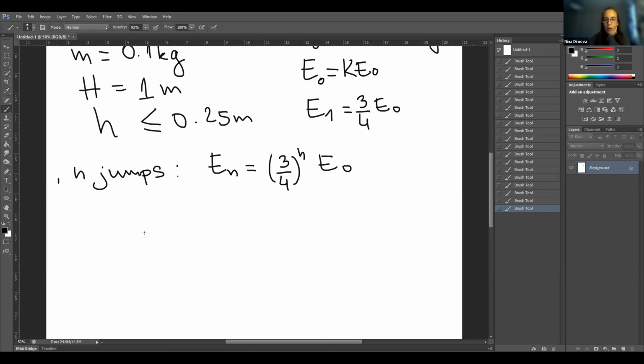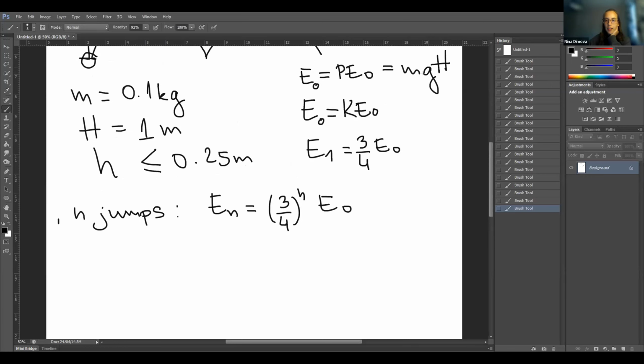Yes. So we have an expression for this energy, and we're looking for the height. So we want to connect this H, the big H, which we know, to the small h. So the initial energy, we agreed that we can also write as mgH. This would be equal to 3/4 to the power n. This is an n, not an h.